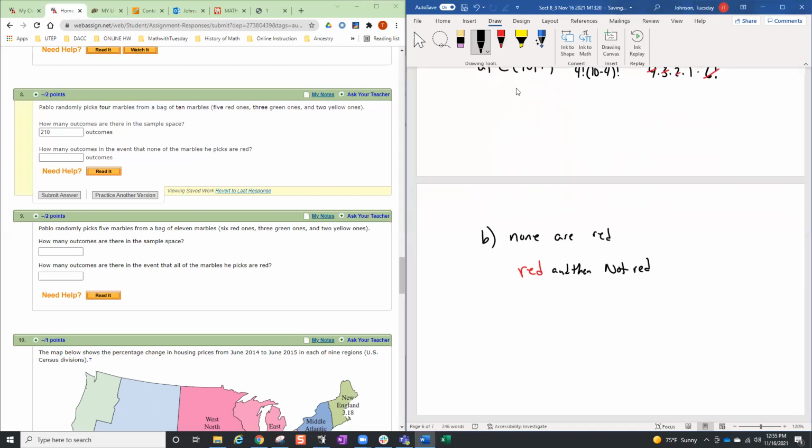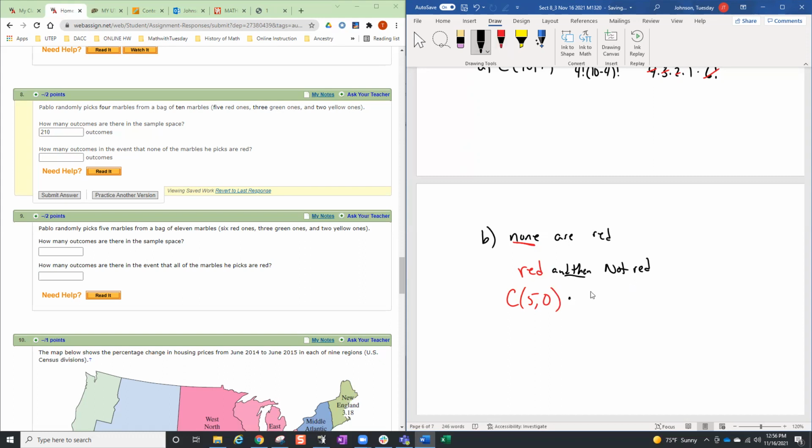So when I look at just the red marbles, I see that I have 5 red marbles. And remember, the combinations are always have, comma, want. But I want none of the red ones, so I want 0 red ones. And then we multiply.